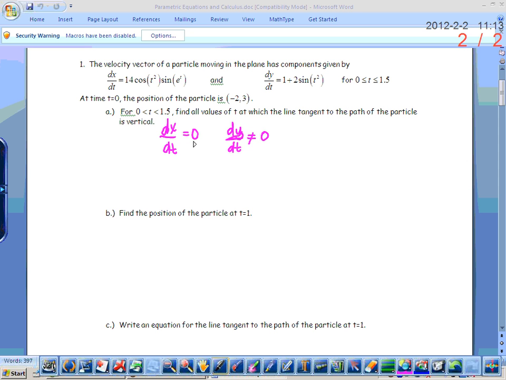And since they tell you that the domain is just between 0 and 1.5, you might as well set your window for those x values. So go to your window, and for your x min, let's do 0, and x max 1.5. And then you're just looking at the values that you need when it graphs.